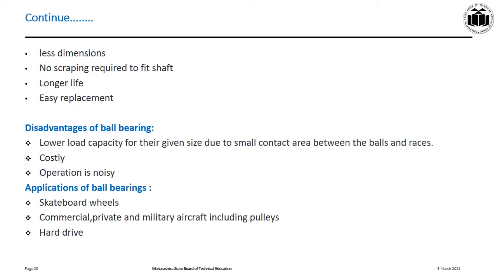Ball bearings are basically small in dimension, have a longer life, and are easy to replace. They are very useful in skateboard wheels, commercial, private, and military aircraft, including pulleys. They are also used in hard drives.